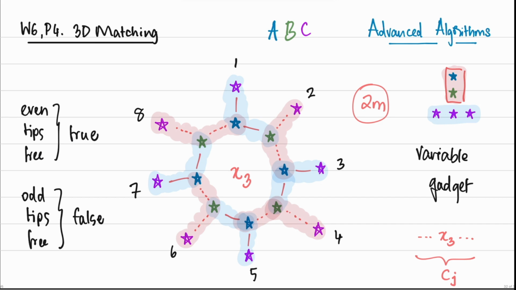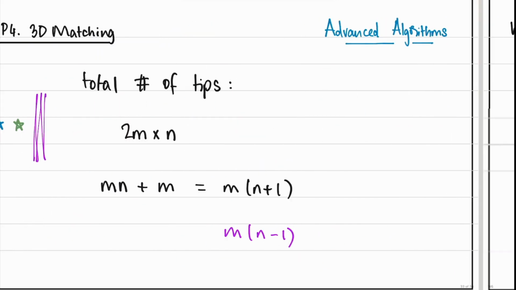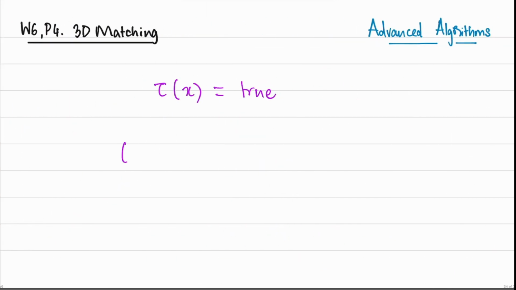Now, what do we do with the clause gadgets? For every clause, we know that there's at least one of the literals that evaluates to true. So that means that it's compatible with the setting of at least one of these variables. Just as an example, suppose you have a clause x3, x5 bar, and x6 bar. And let's say the reason this clause is being satisfied is because tau of x5 was set to be false.